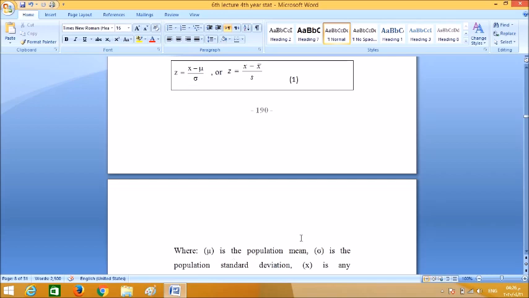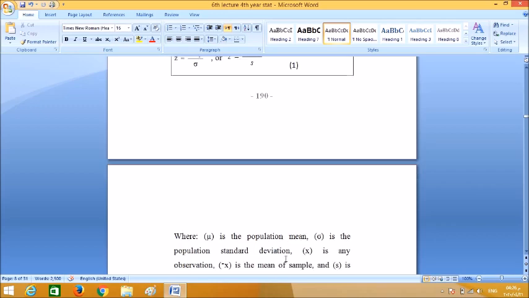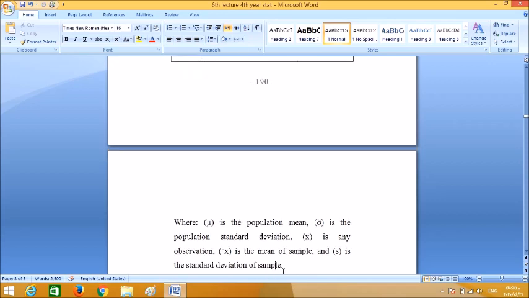Where mu is the population mean, sigma is the population standard deviation, x is any observation, x bar is the mean of the sample, and s is the standard deviation of the sample.